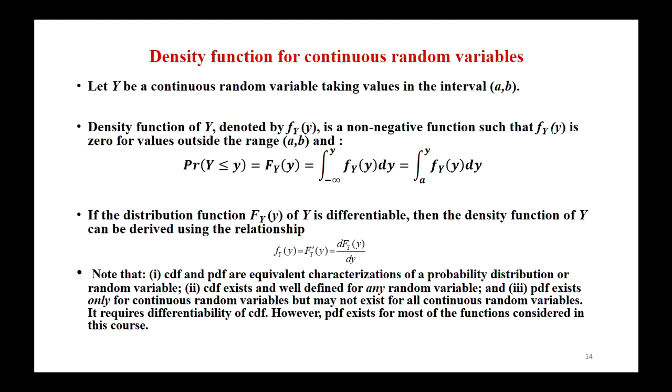Just in general, the probability of large Y being smaller than small y, that's the definition of the CDF. That is the integral of the PDF between minus infinity and the value of y.